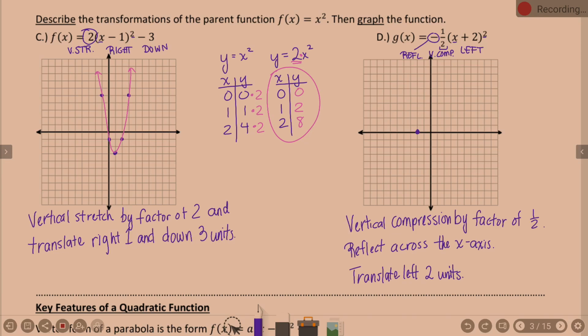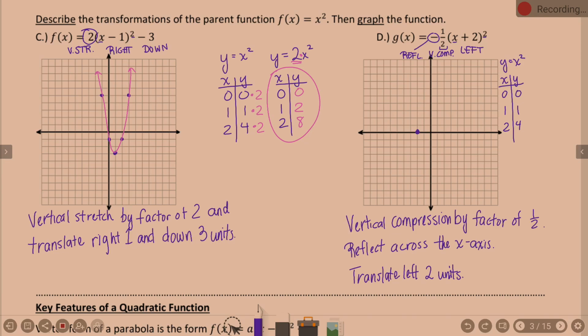What about a vertical compression by a factor of 1/2? Are you just doing it rise over run? You can't think about rise or run, or we're going to have a straight line. We're going to take all of our y values this time and divide them in half. So I'm going to set up the same way I did last time. The originals are 0, 0, 1, 1, and 2, 4, yes?